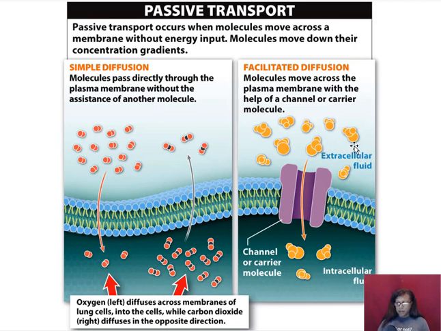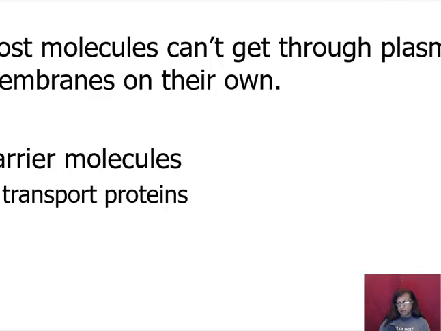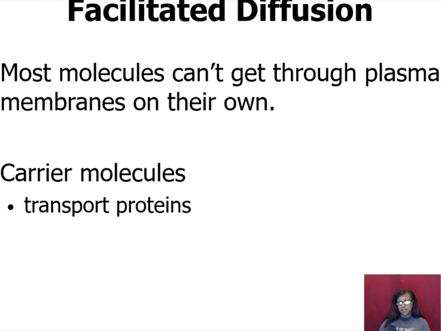Here we've got the extracellular fluid, and basically this carrier molecule is opening up and saying, hey, you can come through. So it's acting like a gatekeeper, okay? Let's shrink down once again so you can see the full slide.